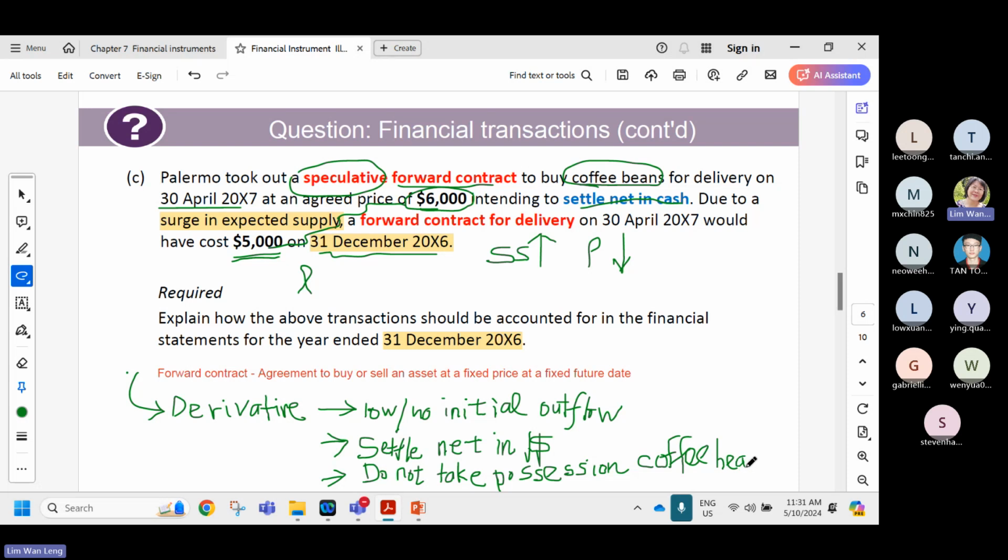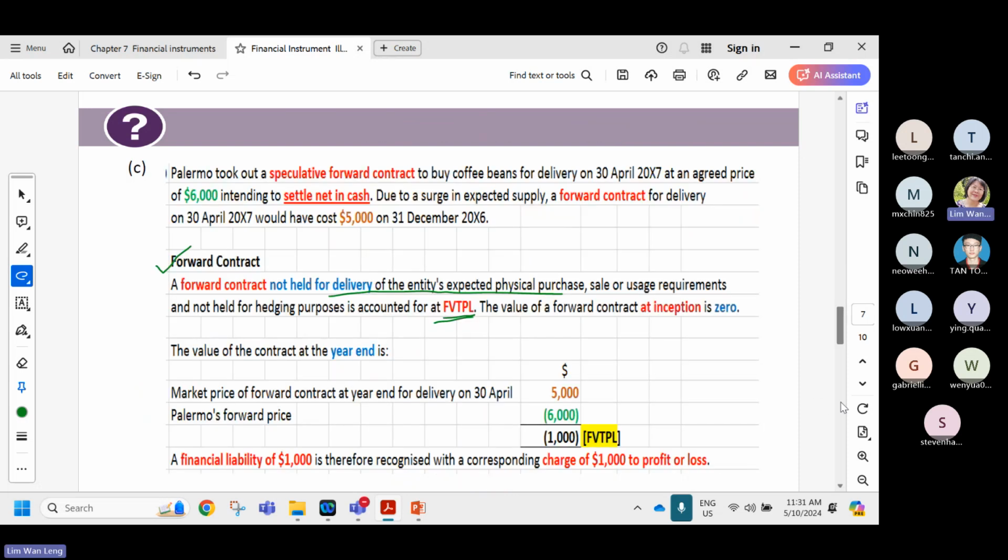We just take the profits, the gains, or we have to pay out from our own pocket for the losses. So what happens? They tell you, not for hedging purposes, it is to be accounted for at fair value through profit or loss, because this one is held for trading.